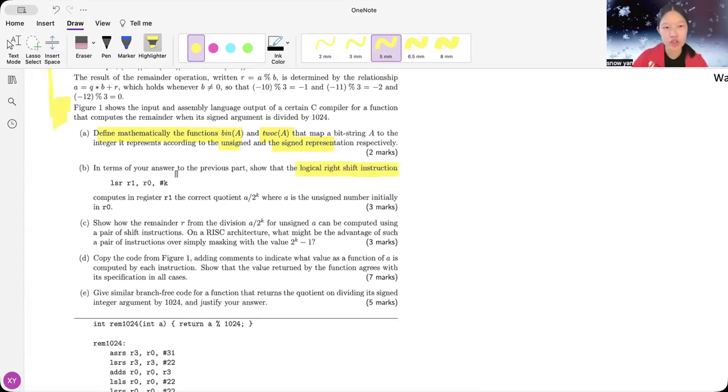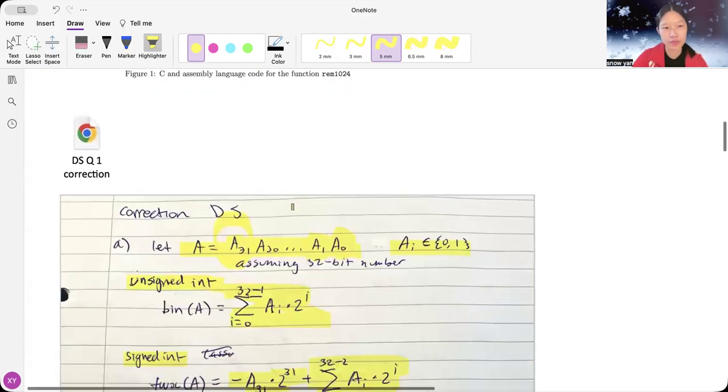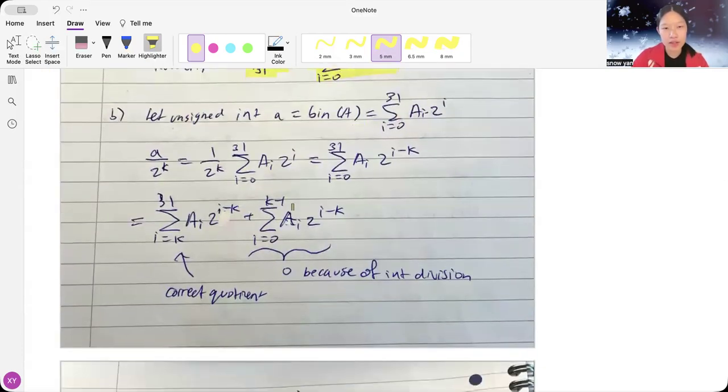in terms of your answer to your previous part, show that the logical right shift instruction thus computes in register 1 the correct quotient A divided by 2^k, where A is the unsigned number initially in R0. So basically, how you think of it is, if we had an unsigned number, it looks something like this. If we were to divide it by 2 to the k, then for each term, we just subtract k from its exponent, because we're representing each one as binary, right?